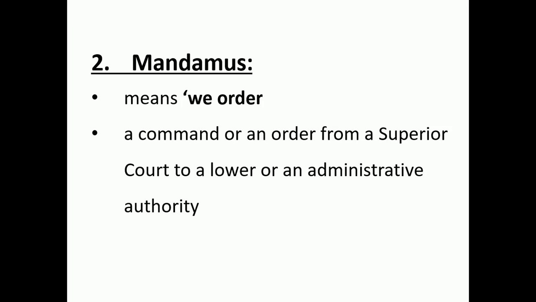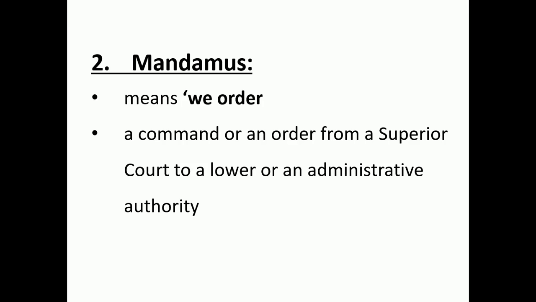It is pronounced as mandamus, which means we order. Mandamus means we order. It is a command or an order from a superior court to a lower court or an administrative authority.